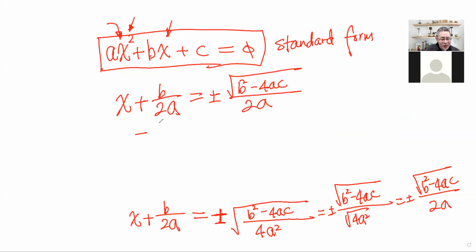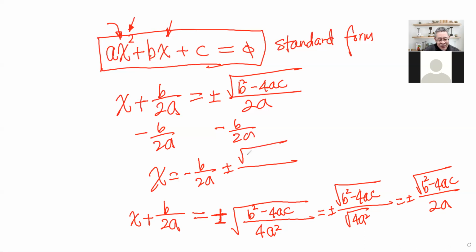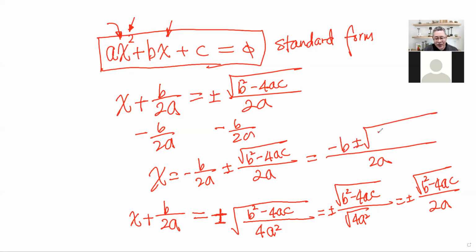And then we subtract b over 2a on both sides. We got x equal to minus b over 2a plus minus the square root of b squared minus 4ac over 2a. And we have the same denominator, so we can combine. Then we got minus b plus minus the square root of b squared minus 4ac over 2a. Good?